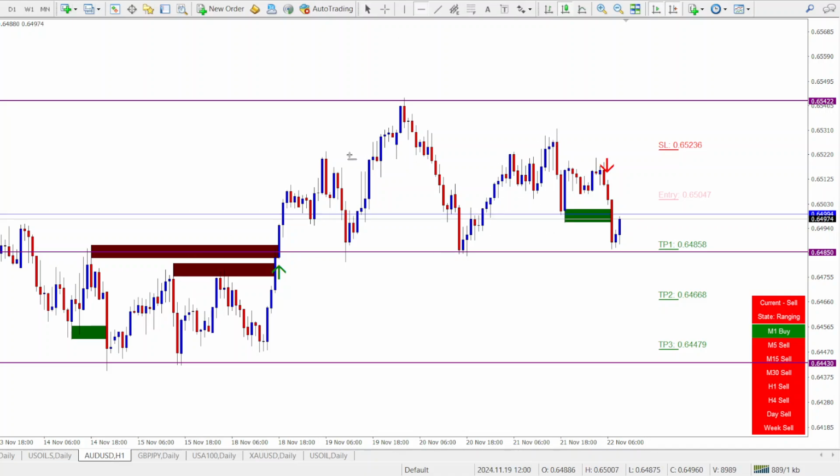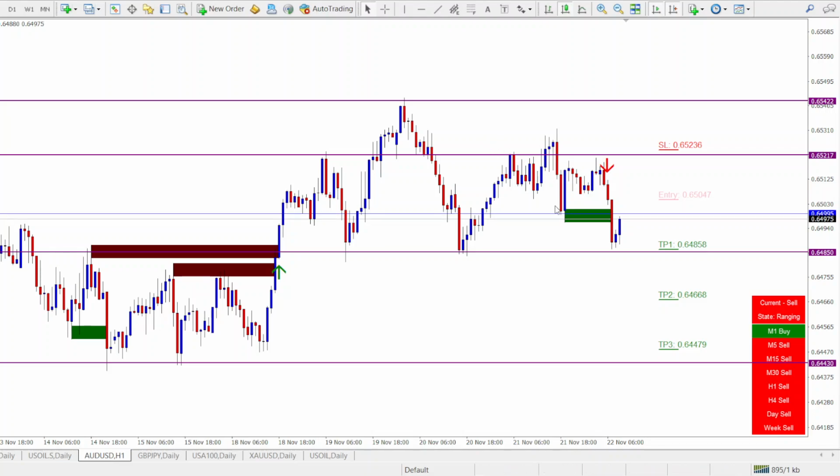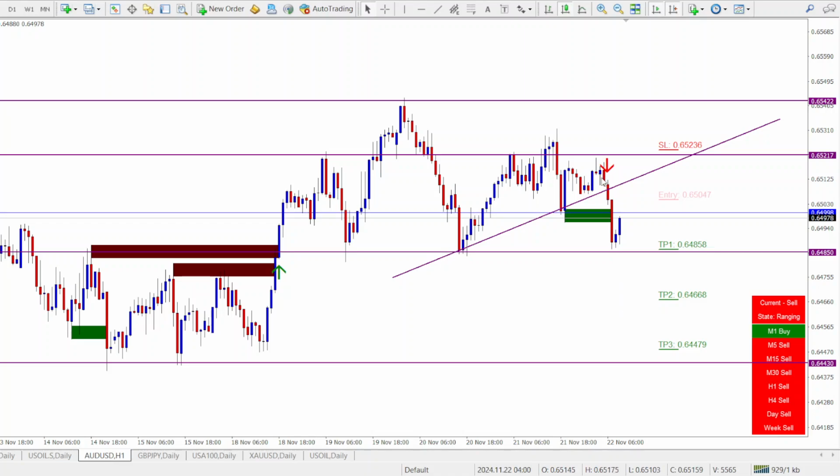So identify every support and resistance zone that you can find. In addition to that, make use of trend lines, because trend lines can be very beneficial. As we can see at this point where the indicator gave a sell signal, this trend line confirmed the sell because we had a breakout.